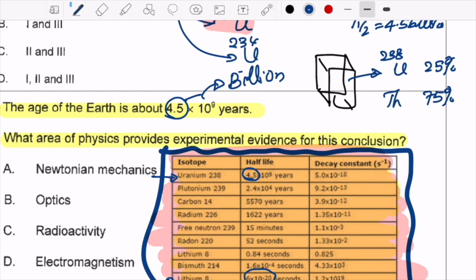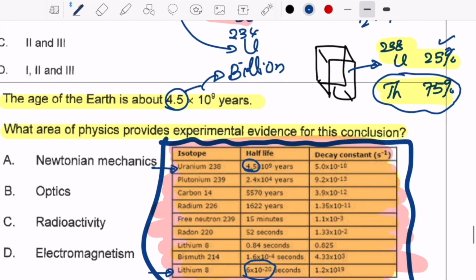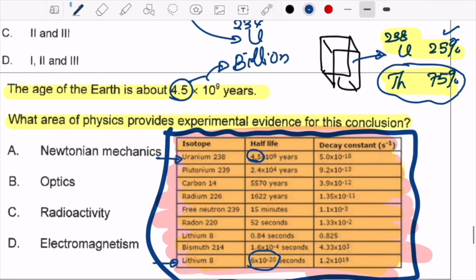What does this tell you? It has 25% uranium-238, thorium is 75%. I know there are more steps in the chain reaction, maybe thorium has also changed into something else, but that's not the point. The non-uranium part is 75%. It means the number of uranium nuclei has changed to half, and then N0/4. This means 25%.